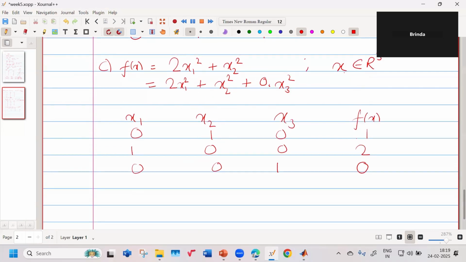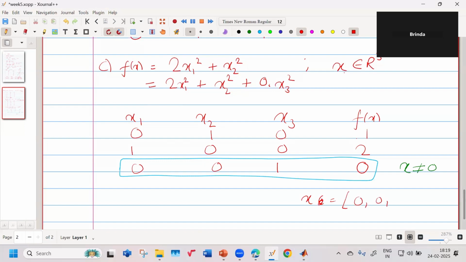So if you look at this case, you will notice your x is not equal to 0. What is your x? Your x over here is 0, 0, 1.